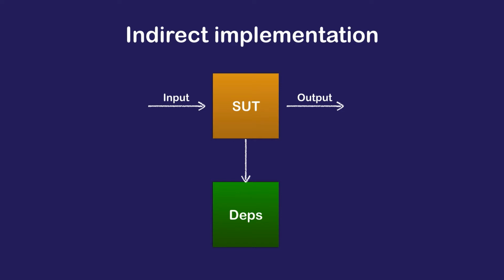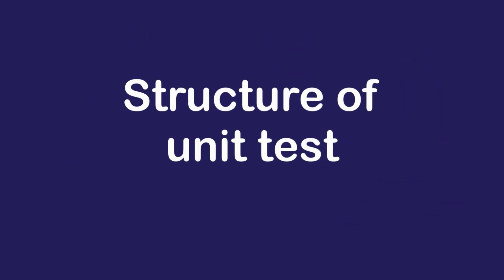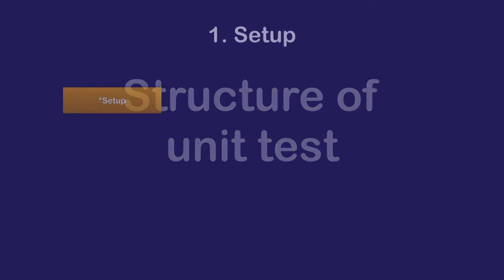It is good to be aware of these types because we might need to use different techniques for testing depending on their implementation type. Now we will look at the structure of the unit test. If you look at any unit test, they will have some of the steps that we are going to see. One of the first steps in writing a unit test is setup.